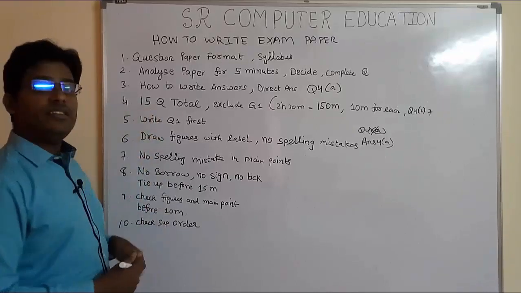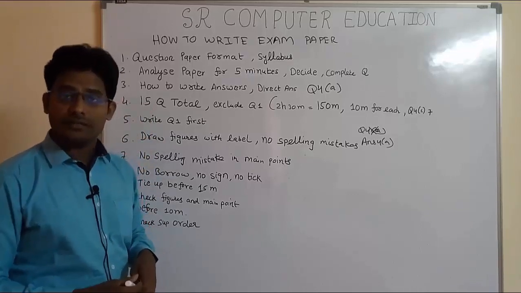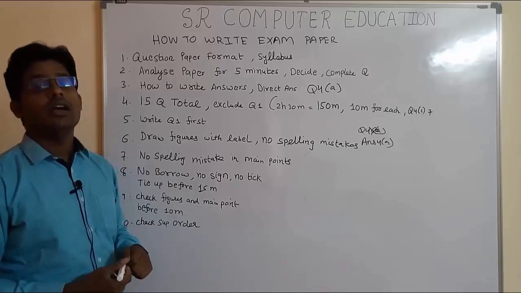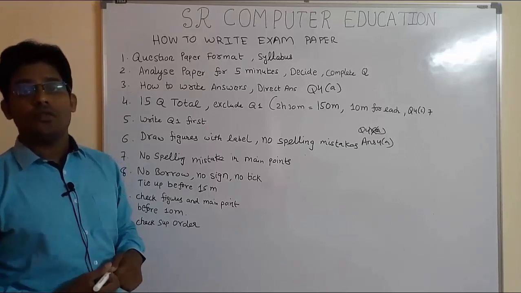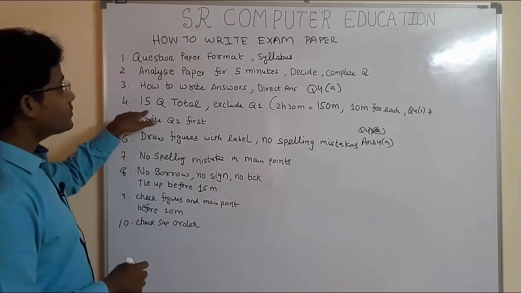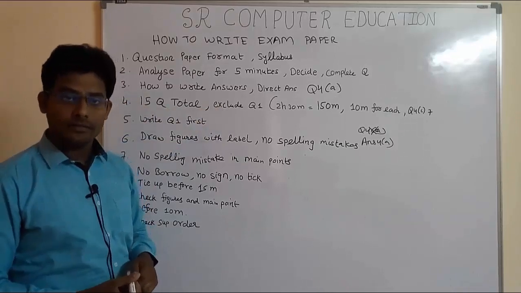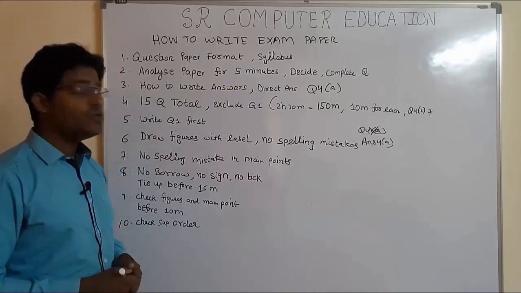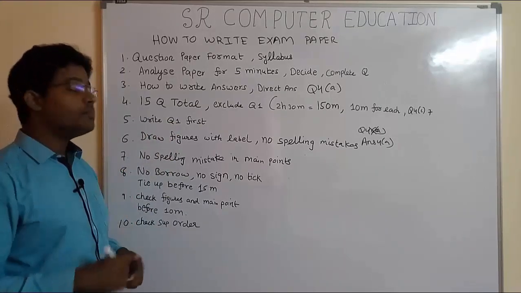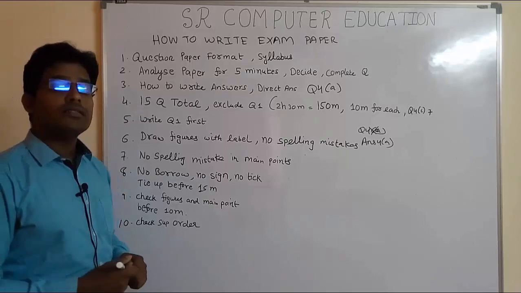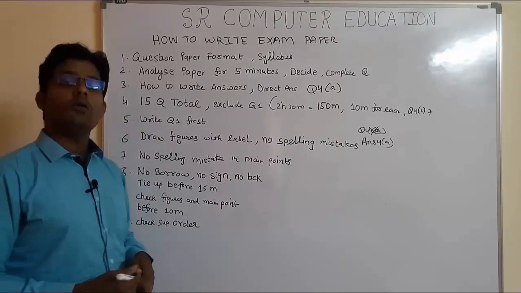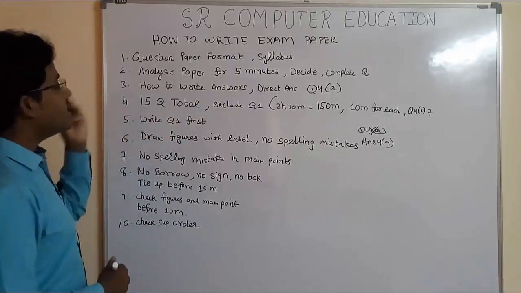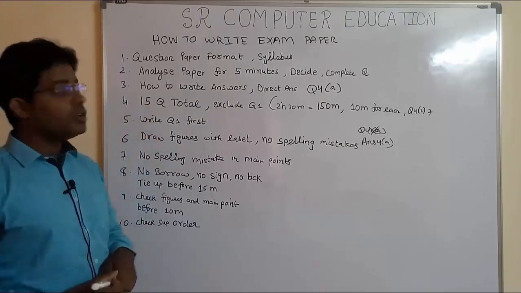In diploma engineering there are a total of 15 questions, excluding question 1: question 2a, question 3a, question 4a, question 4b, like that. I would strongly recommend, if you are a diploma engineering student, go through my previous video and see the question paper format of diploma engineering, so you can understand this fourth point very easily. So as I told, there are 15 total questions.